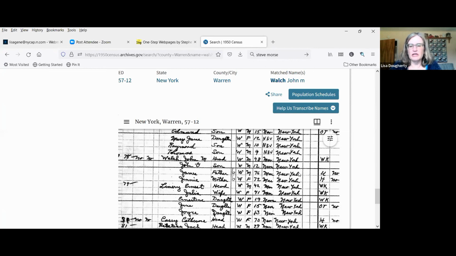Considering that it's been done completely by machine and there's been no human intervention as of yet, it's actually fairly impressive what has been able to be done with this, especially considering the previously released censuses had nothing like this at all. So the only option you had for searching in the previous release censuses was to know the place where your person lived. So now at least we have a little bit of a name index until we get the full name index provided to us.